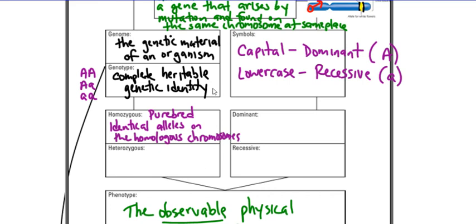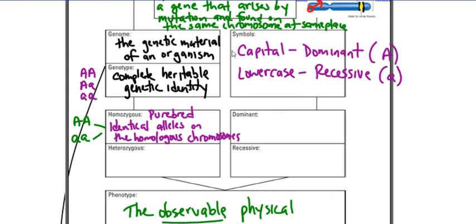So you basically have the two extremes. What I mean by that is, if we go back to our letters right here, this is going to be either two capital letters or two lowercase letters, two dominant alleles or two recessive alleles. So that's what we call purebred, having one extreme or the other.